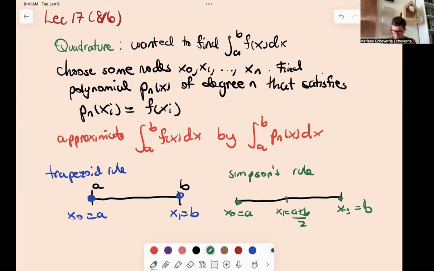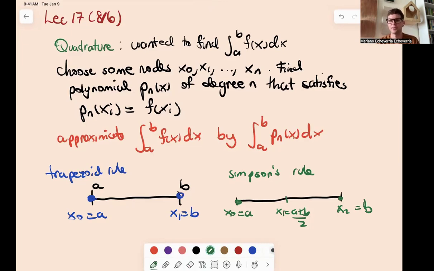You can check the notes from yesterday. These are pretty small degrees: it was linear for the trapezoid rule, and for Simpson's rule the polynomial was quadratic. So they're very straightforward to integrate. You can find the rule for the approximation, and you could keep going.